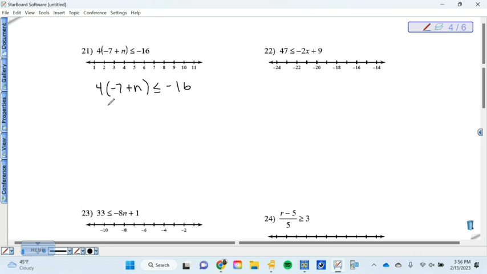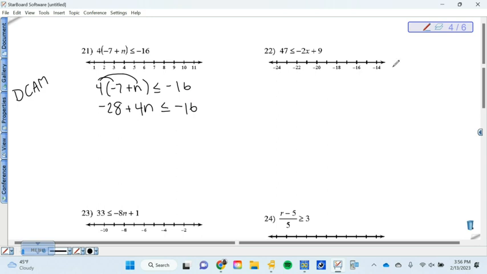Yeah, I can distribute. Right? So multiply by 4. 4 times -7 is -28, yep. What's 4 times n? 4n. So -28 plus 4n is less than or equal to -16.